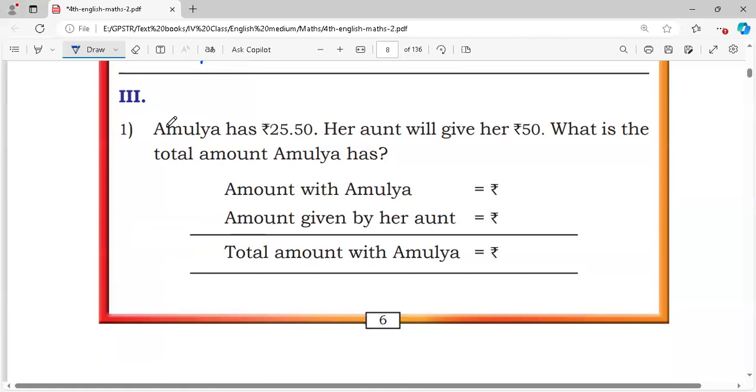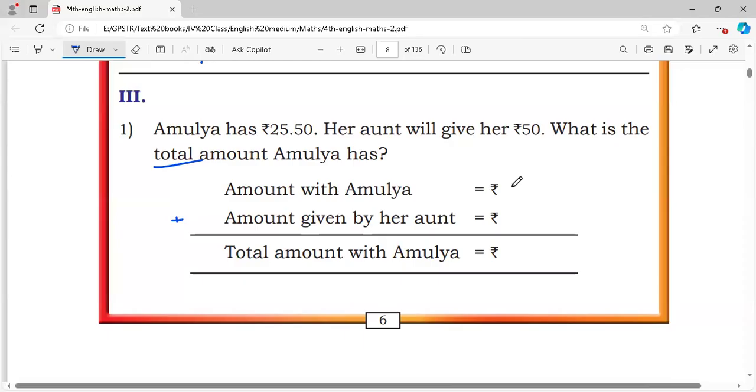Statement based questions. First one, Amula has 25 rupees 50 paise. Her aunt will give her 50 rupees. What is the total amount Amula has? They are asking the total amount. Just add both. You will get the total amount of rupees.